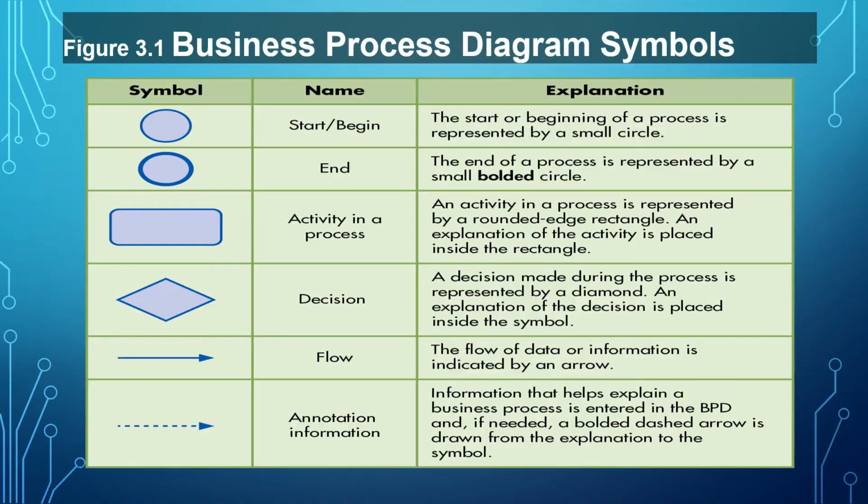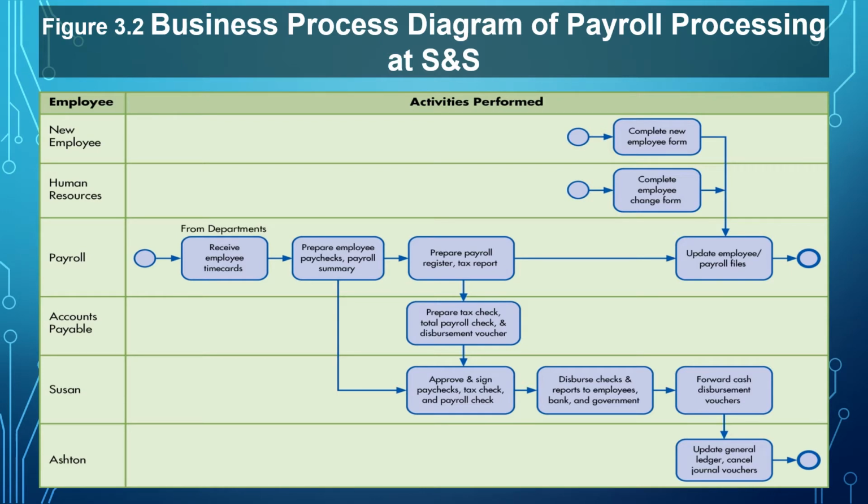These diagrams show the symbols used in the business process diagram, as you can see in the previous slide. Figure 3.2 gives us an example of a process diagram of payroll processing at S&S company. S&S company is an example used by the textbook, and for this chapter it is on page 88.